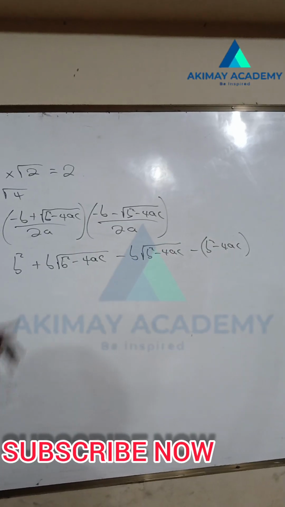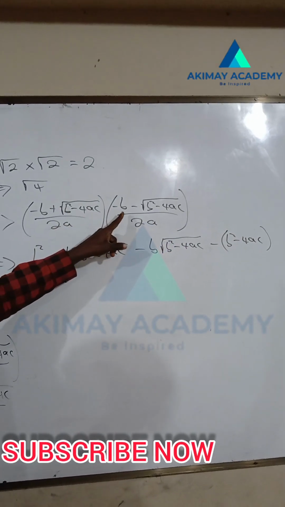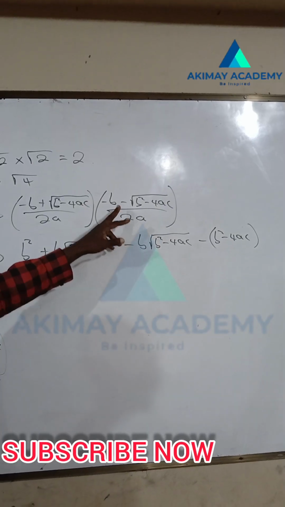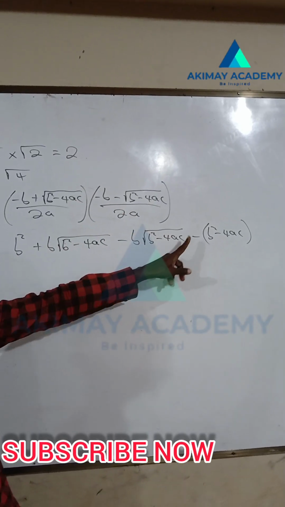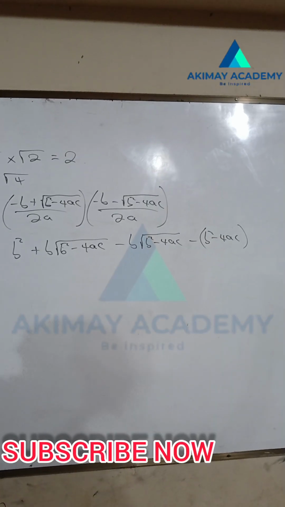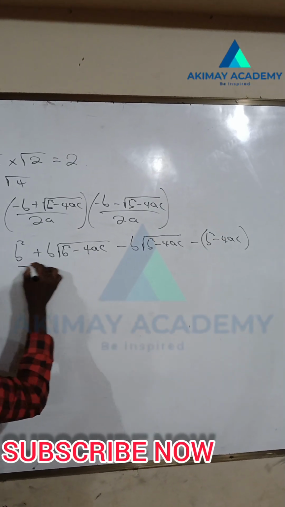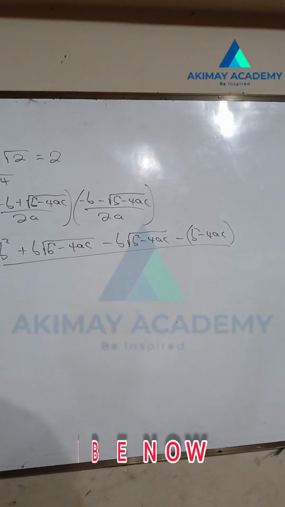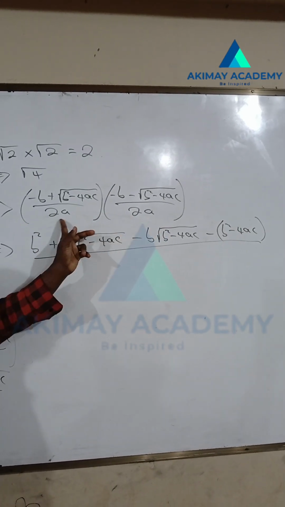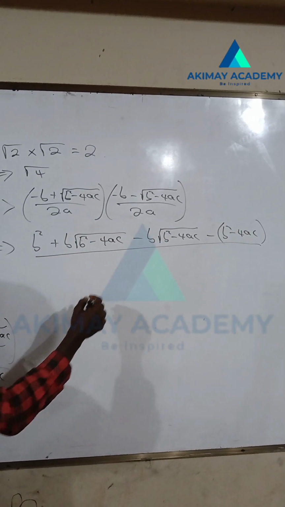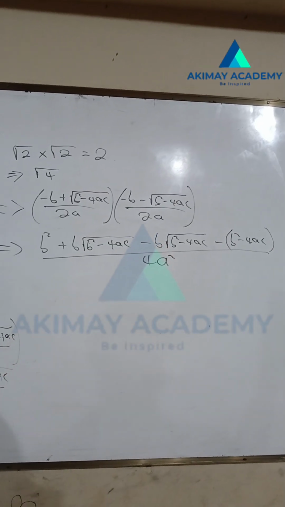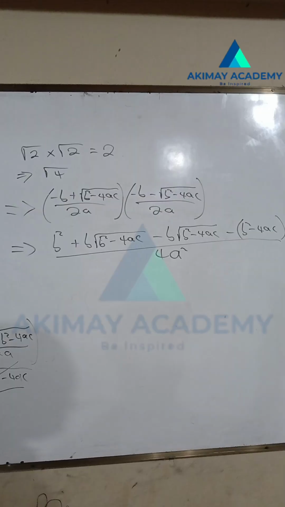When we multiply square root of b squared minus 4ac times minus root of b squared minus 4ac, the minus will still come. Then we take one of the items inside the radical sign. This entire expression is divided by 2a times 2a, which is going to give us 4a squared. Good. So that's what we have.